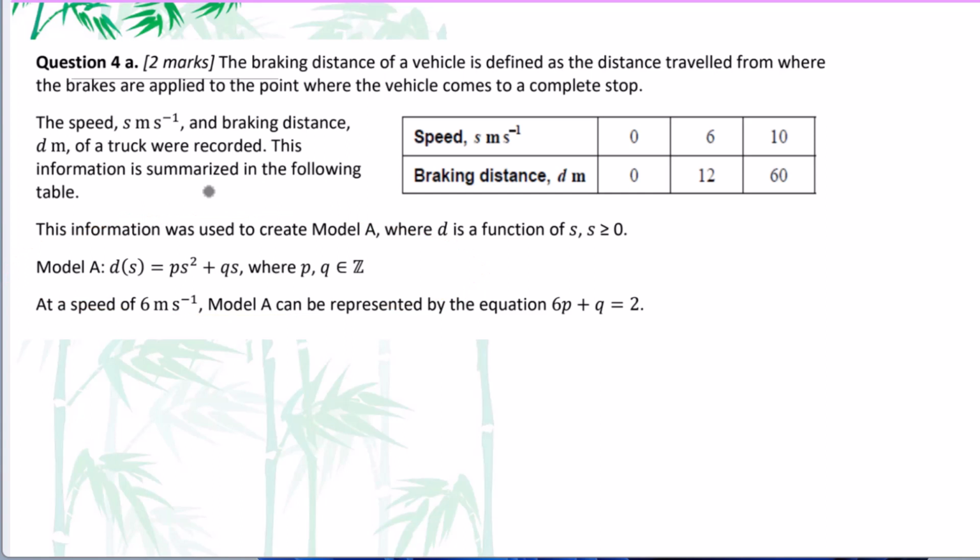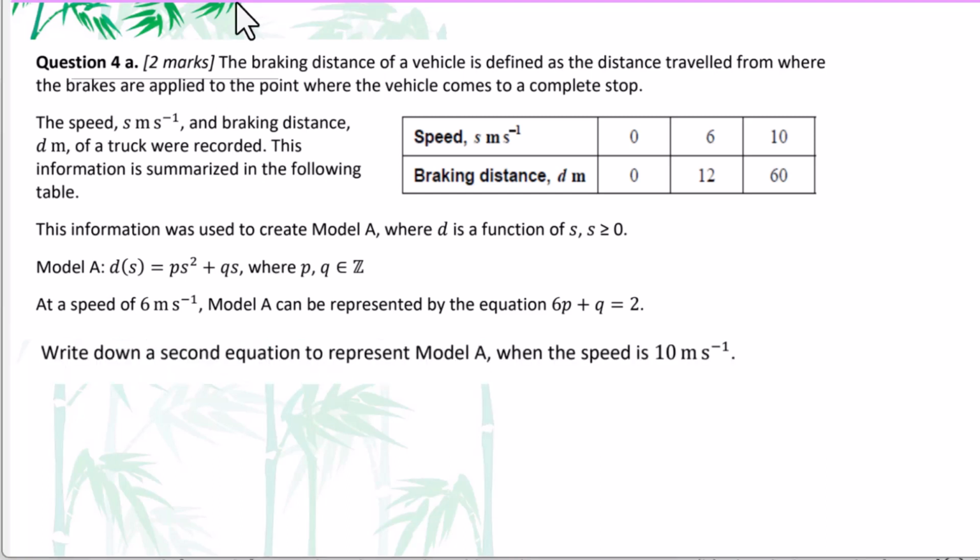At a speed of 6 meters per second, Model A can be represented by the equation 6p plus q equals 2. Part A: write a second equation to represent Model A when the speed is 10 meters per second.